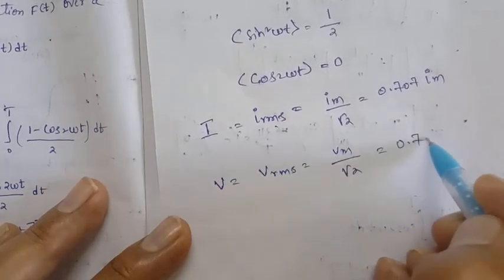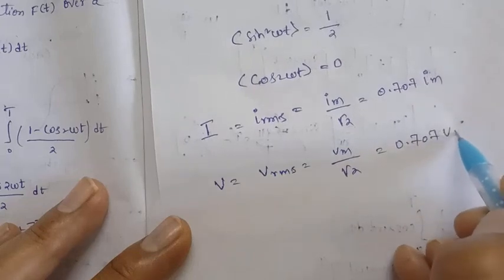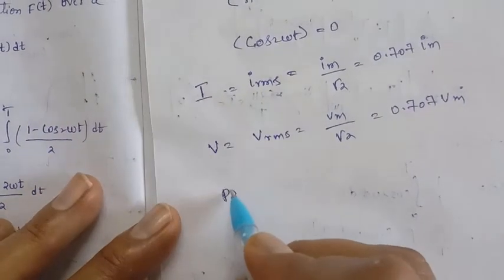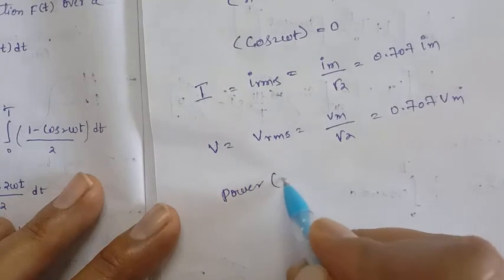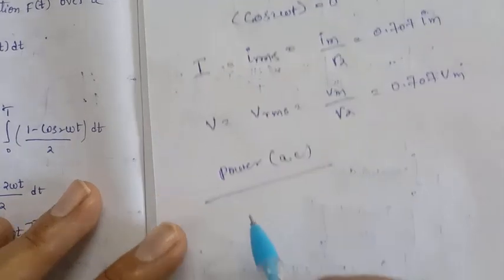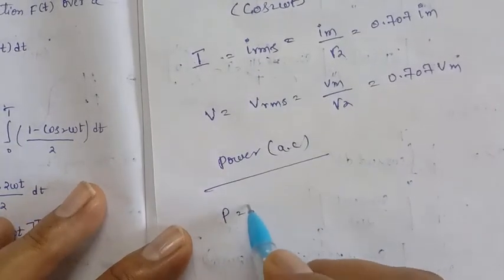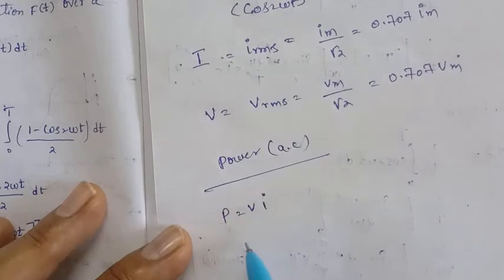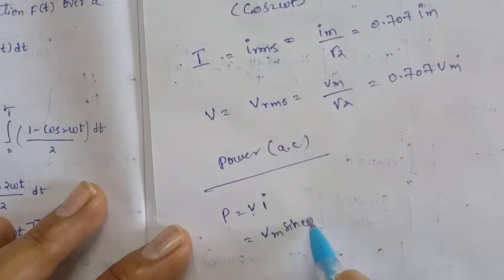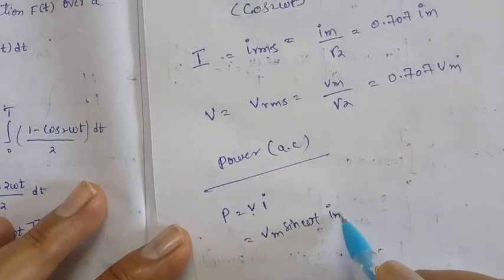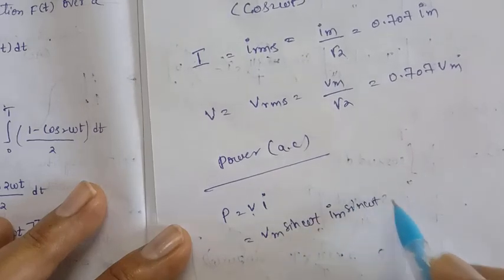What is the formula for power? In the case of alternating current you have to use the formula power is equal to VI. V means Vm sine omega t, and I means Im sine omega t.